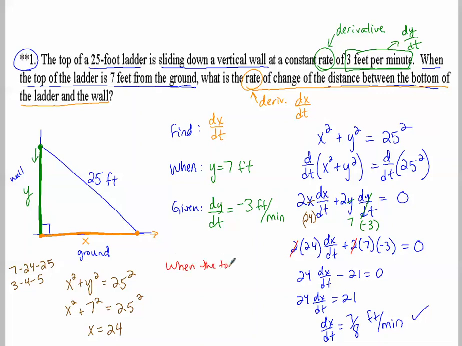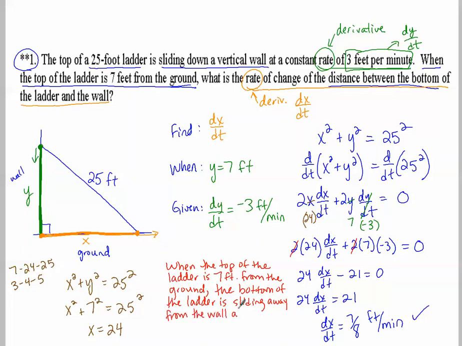I am going to probably just repeat some of these things from there, and I'm going to say, proper answer, when the top of the ladder is 7 feet from the ground, and I'm just looking back to this question to copy that, instead of what is the rate of change of the distance between the bottom of the ladder and the wall, I'm going to say the bottom of the ladder is sliding away from the wall at a rate of 7/8 feet per minute.